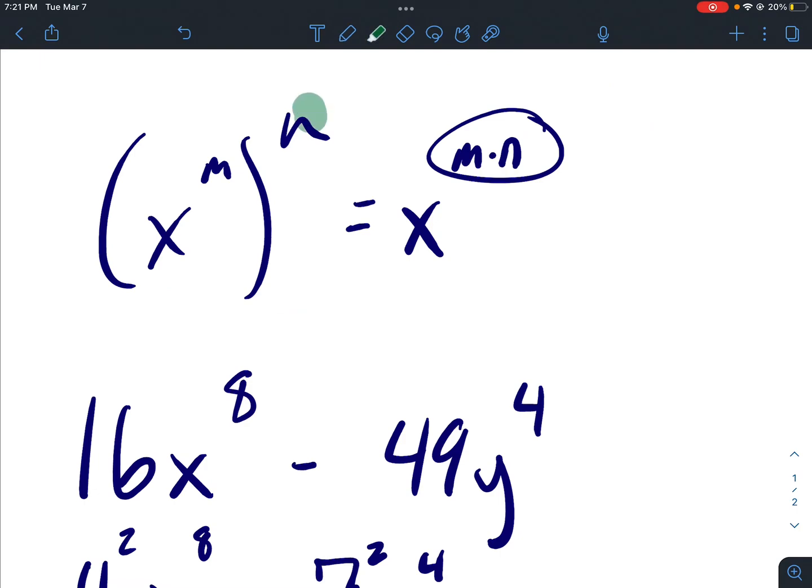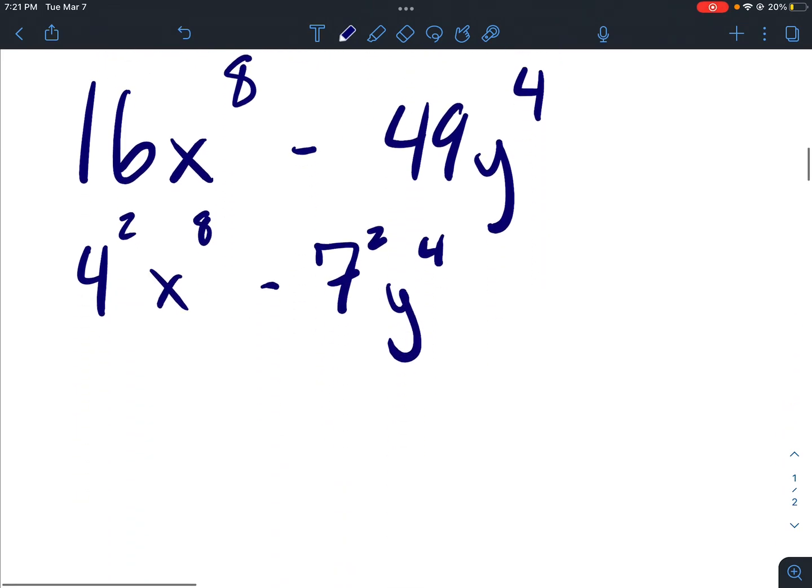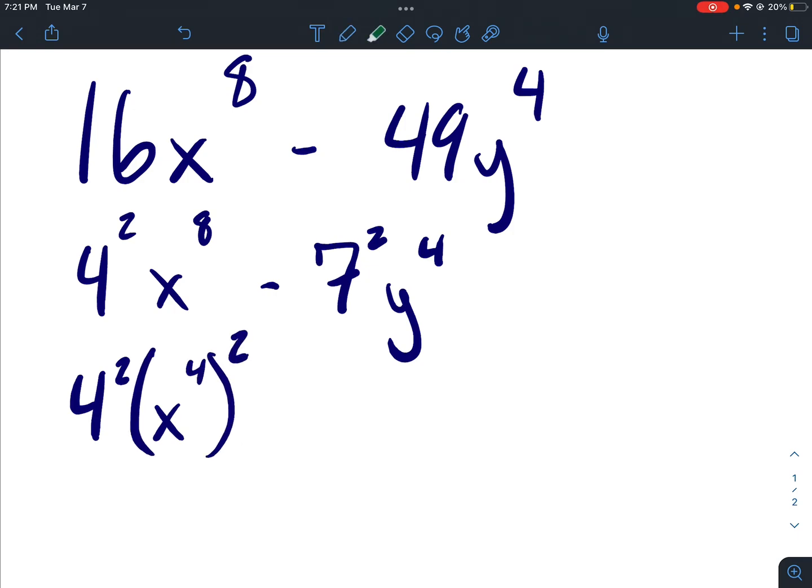I need this number here to be a squared. So that's going to leave us with the question of what is going to go in here. What times 2 equals 8? That's 4. So I'm going to get 4 squared and then x to the 4th squared. So now I have the squared and the squared to deal with.